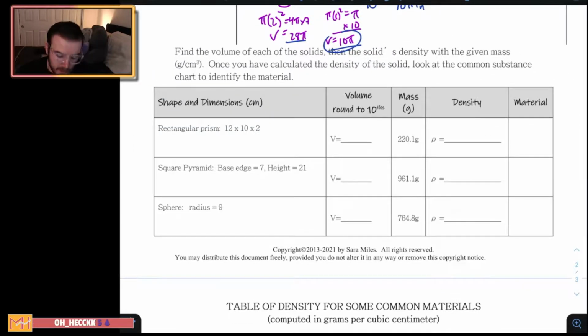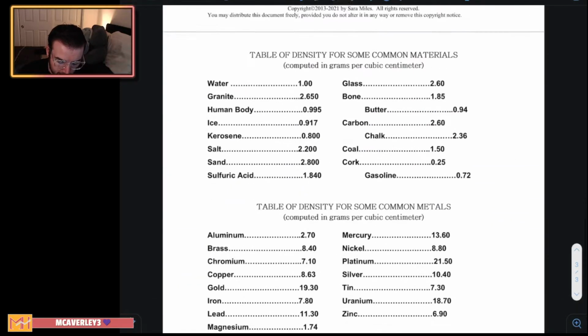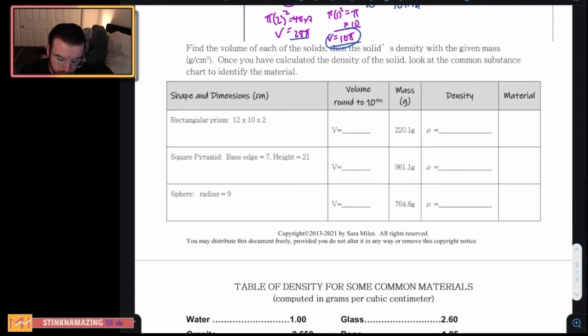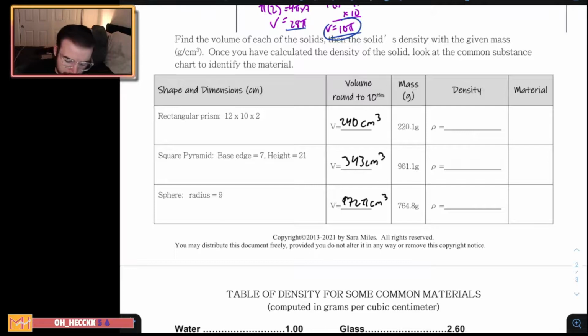Okay, I'm not trying to make this go too long here. So let's just look at this table. It's just some extra practice here for finding volume and density. I'm going to speed up the process here by pausing. Okay, so real quick, I found the volume of each of these. Area of the base times the height.